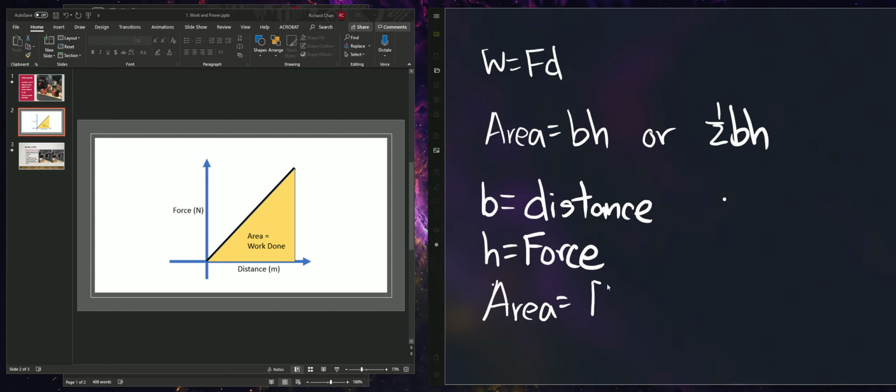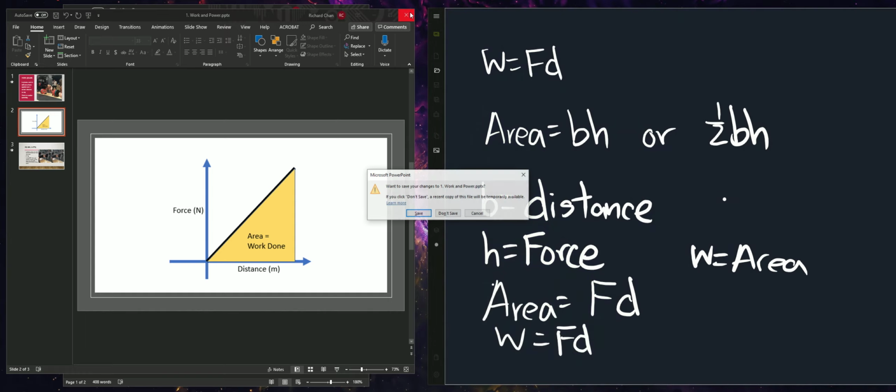That's basically F times D. Well, if area is F times D and we know work is F times D, guess what? Our work is our area on a graph. So we can calculate work on an FD graph by just calculating the area, and that's that.